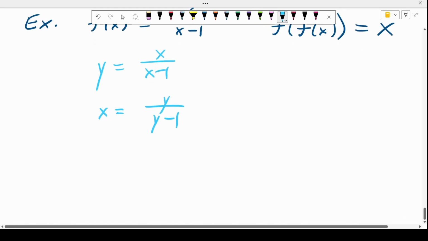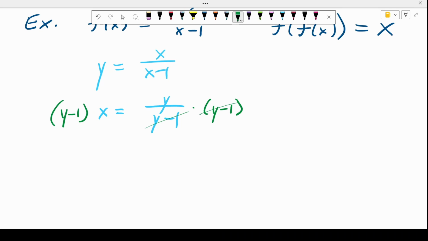What I'm going to do is multiply both sides by y minus 1. Why? Well, because I'd like to get rid of this denominator first of all. Then I want to use the distributive property, x times y and x times 1. So I'm going to have xy minus x equals y.